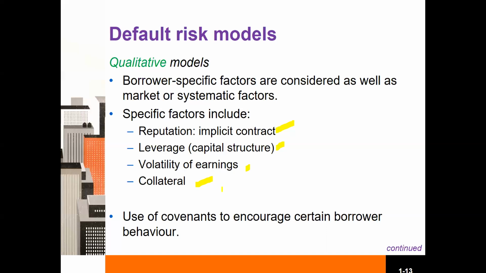With regard to leverage, a borrower's leverage or capital structure, which is typically measured as a ratio of debt to equity, affects the probability of its default. This is the case because a large amount of debt such as bonds and loans increases the borrower's interest charges and poses a significant claim on its cash flows.